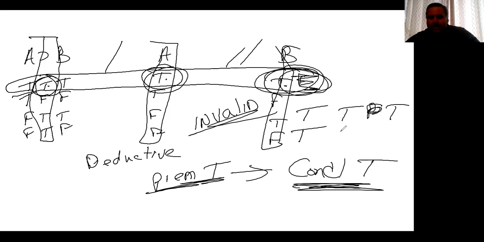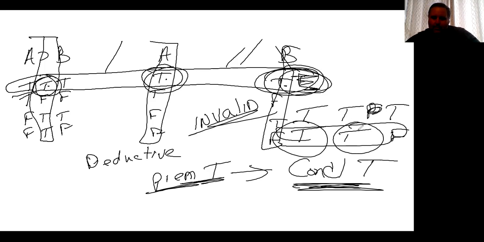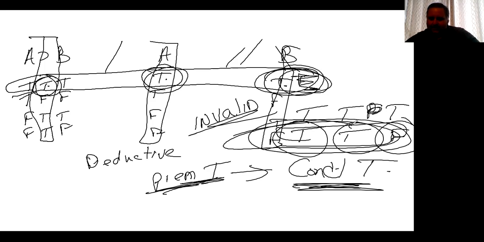Yeah, but if there's ever a case where there's true premises and a false conclusion, then we have to label it invalid, because true premises necessarily must give a true conclusion. So you can't have the existence of a line like this. And so the existence of a line like that proves it invalid.